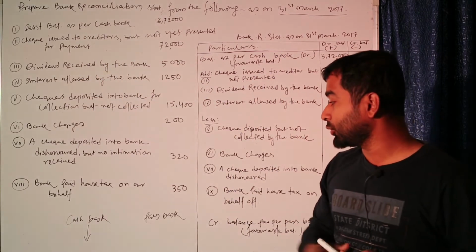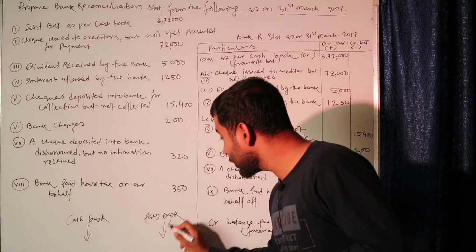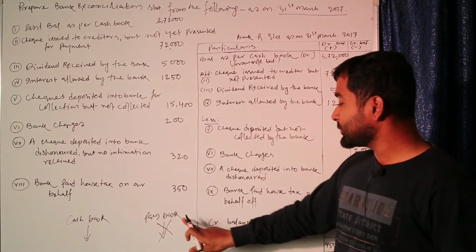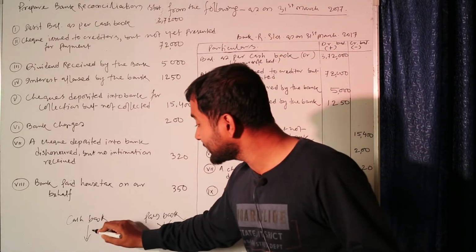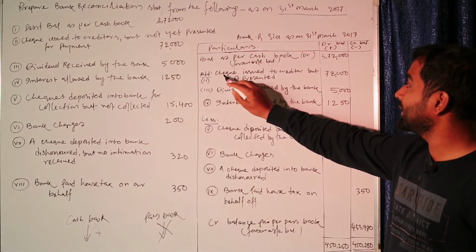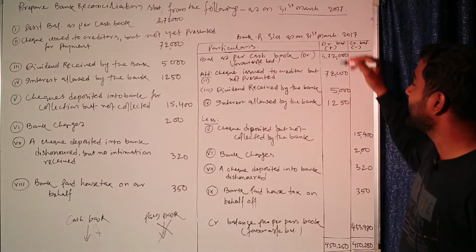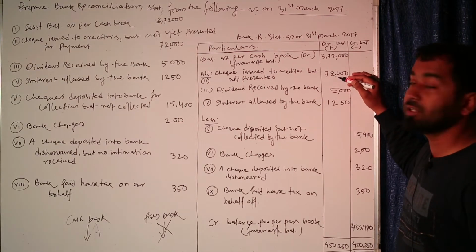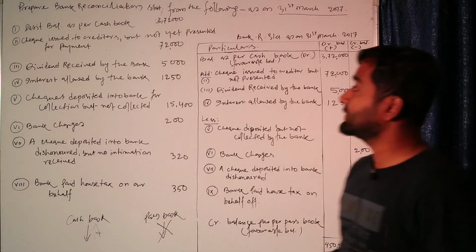So the passbook reduction is still not done, so what should you do? You should increase that value again by adding it. That's why I have written here check issued to creditor but not presented in the add column, that is the debit column, 72,000. I hope that is clear? Yes.